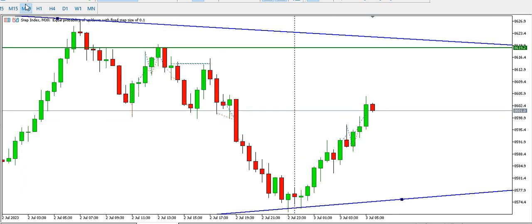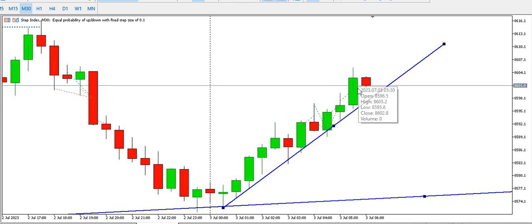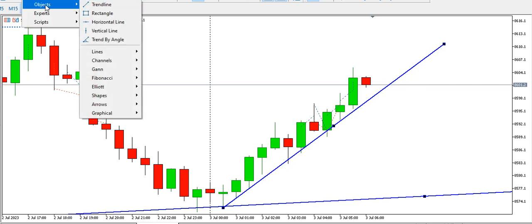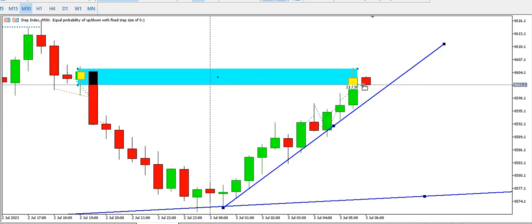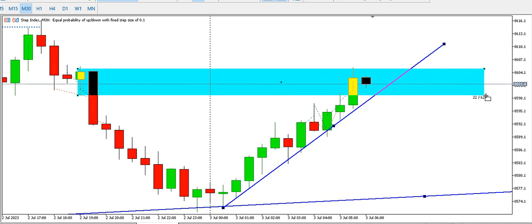On the 30 minutes time frame, you can see a three drive pattern where price dropped to this point, and we can see price rising and trending up on the 30 minutes time frame. It's likely price will find supply. We already have supply, price finding supply at this particular order block.